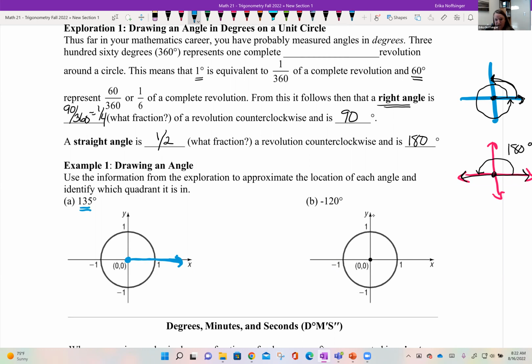So 135 degrees. So if I go counterclockwise, because it's positive, I know that when I hit the y-axis, that is 90 degrees. So I know if I take away 90 from 135, I have 45 more degrees to go. So that would fall about right here. So this is 135.